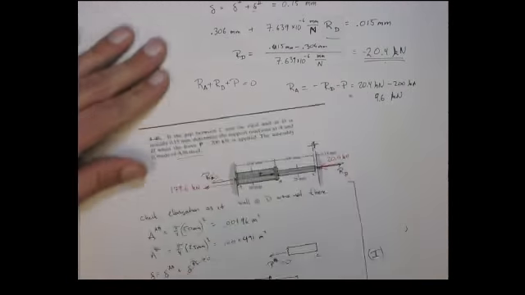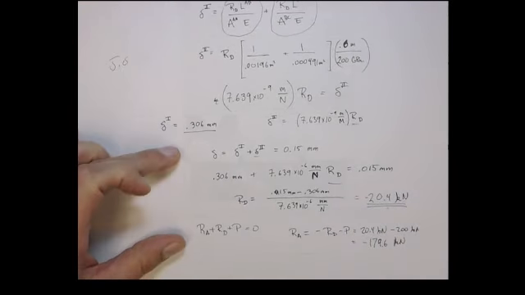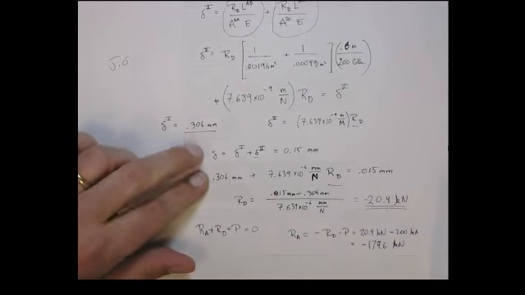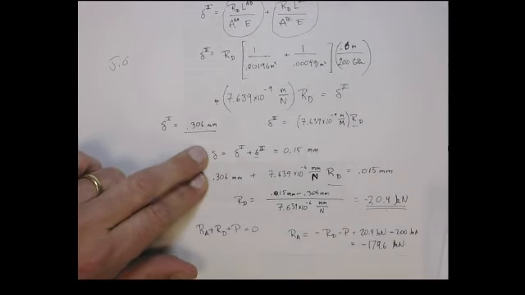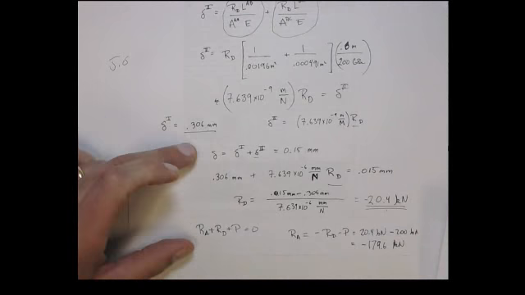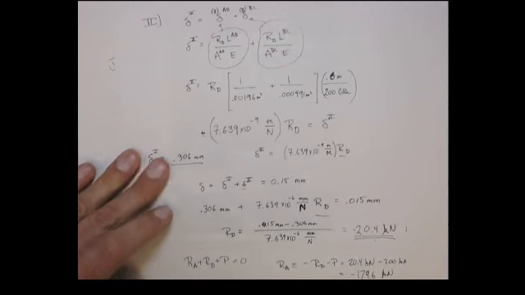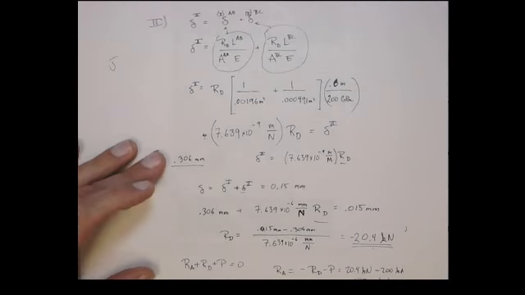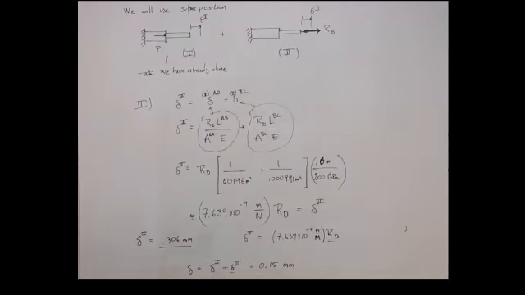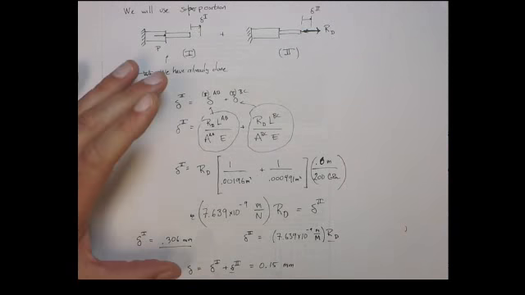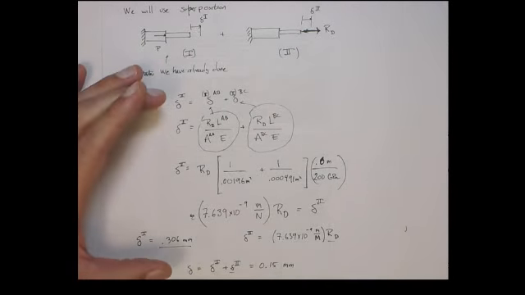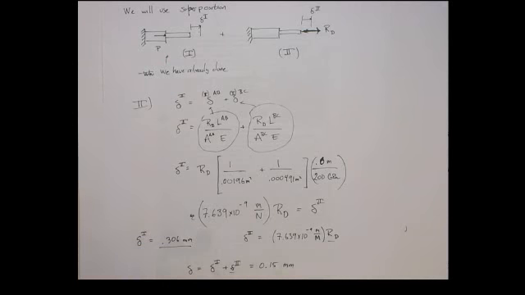So again, two approaches, right? You could do this direct approach, where you have the two equations directly, the sum of forces and the compatibility equation, okay? Or you could do the superposition. Again, as I mentioned in class, I like the direct approach, but superposition worked in this case because, in fact, if you didn't infer, obviously, that it would come in contact, you would want to check that it did elongate at least the gap of 0.15 millimeters.